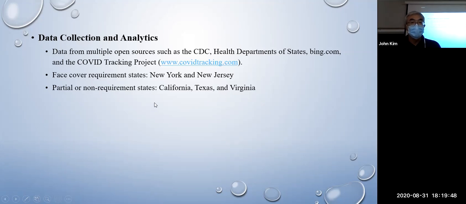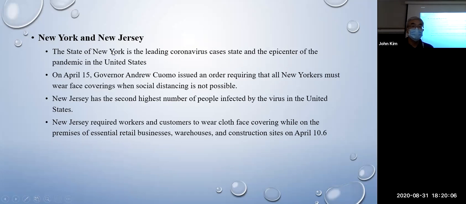And then we divided states into face cover or face mask requirement states, New York and New Jersey, and partial or non-required states, California, Texas, and Virginia. So New York, New Jersey required.